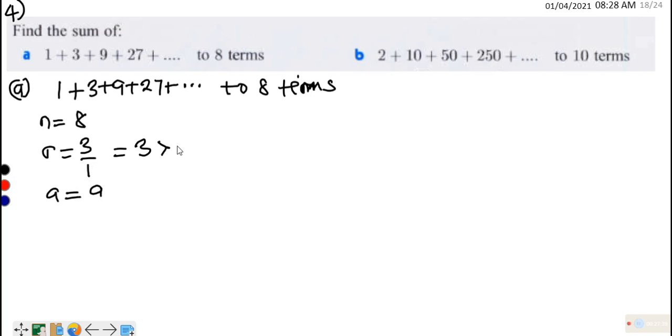So since 3 is greater than 1, we use the formula Sn equals A into r raised to power n minus 1 all over r minus 1.